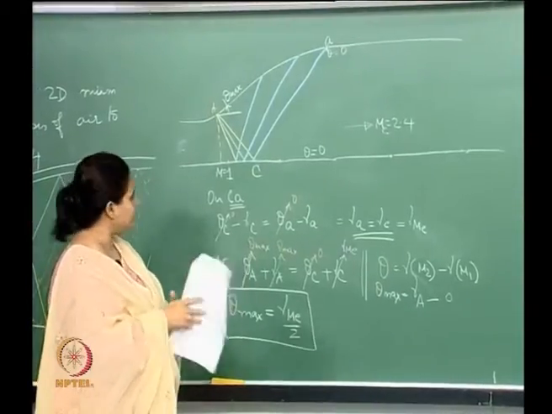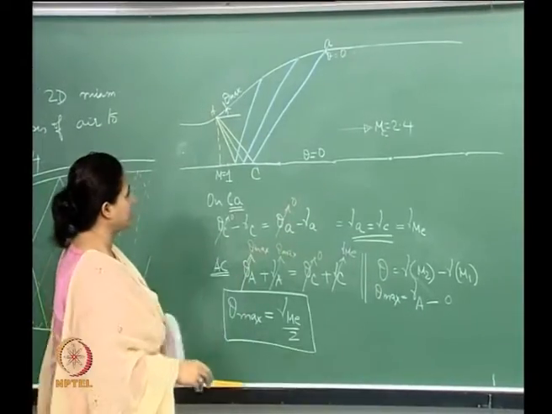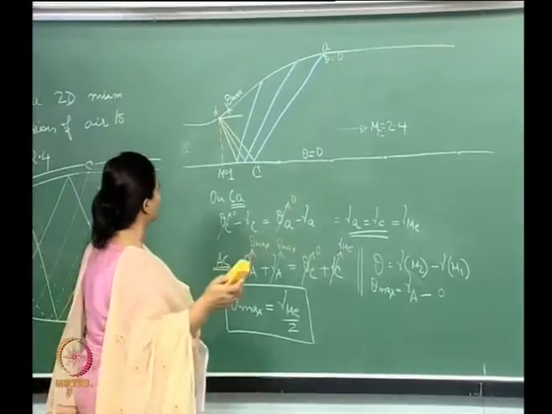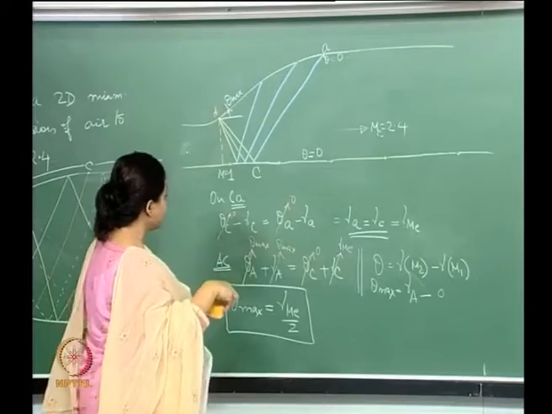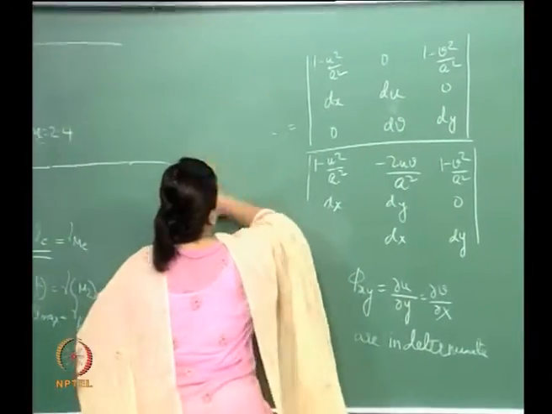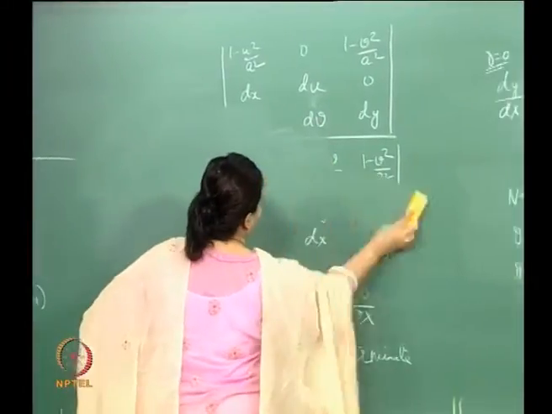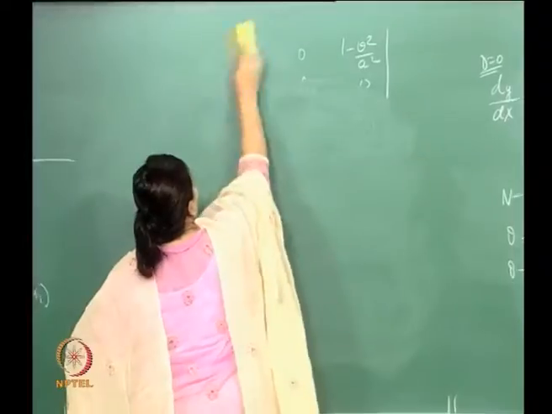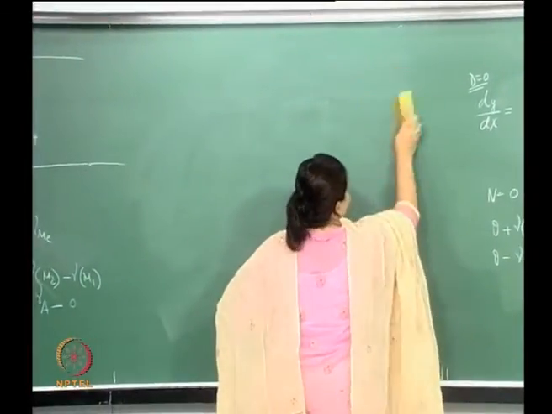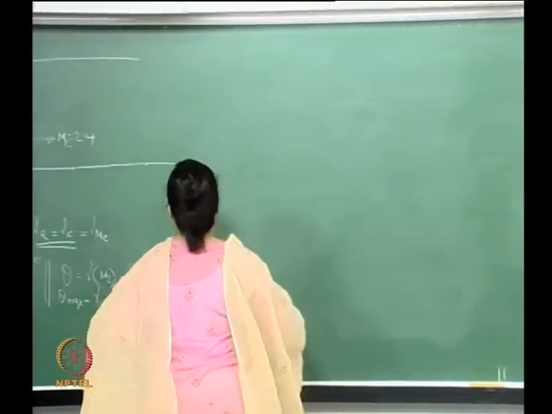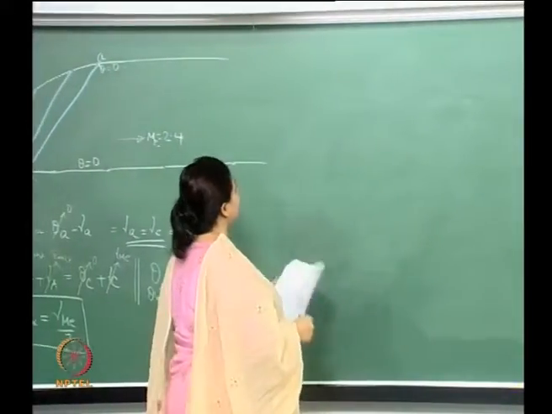So now let us do this problem and see how we will go about this. It is the same thing. For our specific problem here, let me draw this one more time.